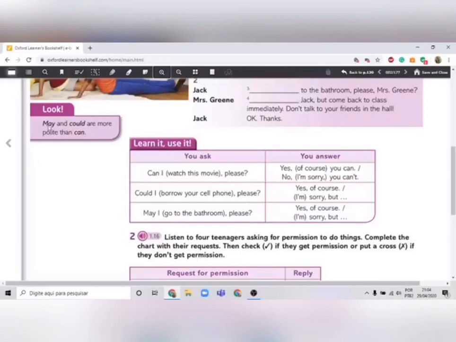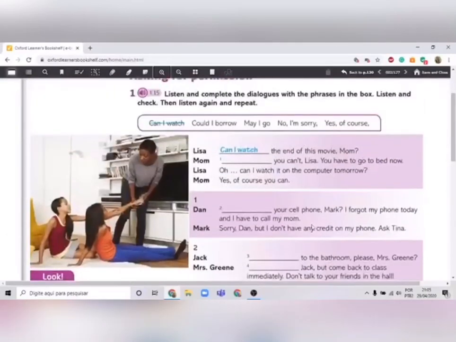So we use may and could for more polite situations and can in any situation. So we usually use can. We use can more, but we can use may and could in any situation, okay? So let's complete here.